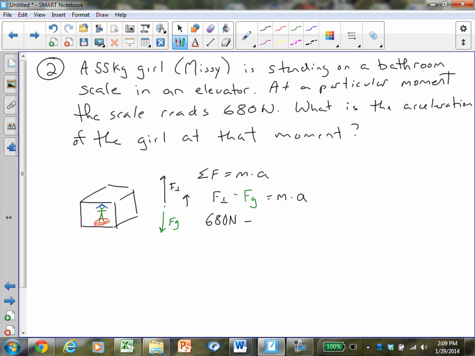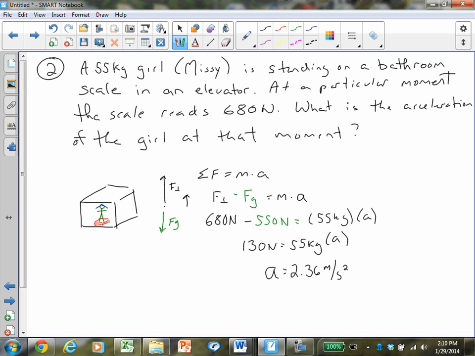Minus what Fg is, which is 550 newtons, equals the mass of Missy, 55 kilograms, times the acceleration. 680 minus 550 is 130. And 130 divided by 55 is 2.36 meters per second squared up.